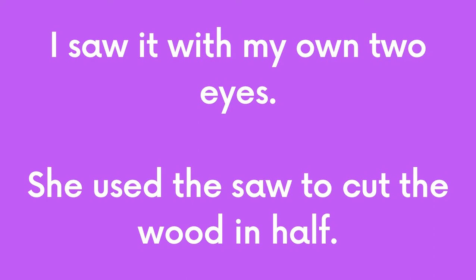This is something that happened previously. Saw is the past tense of the verb to see. Whereas the second sentence says, she used the saw to cut the wood in half. So in this example, the word saw is used as a noun. A saw is a tool that you can use to cut something in half.